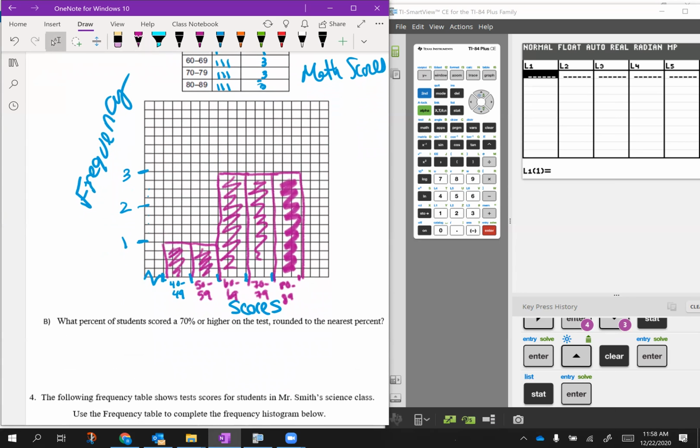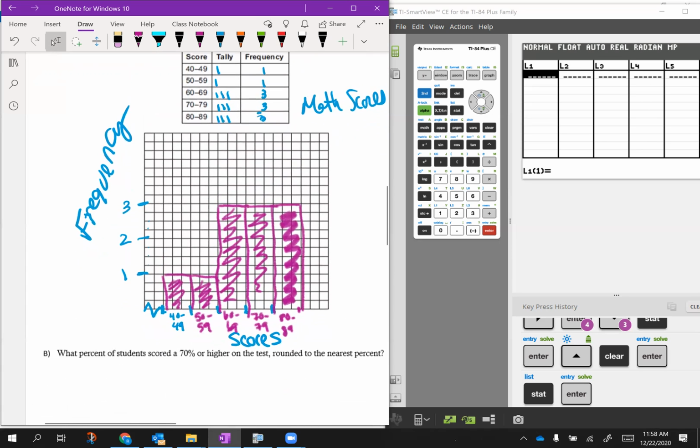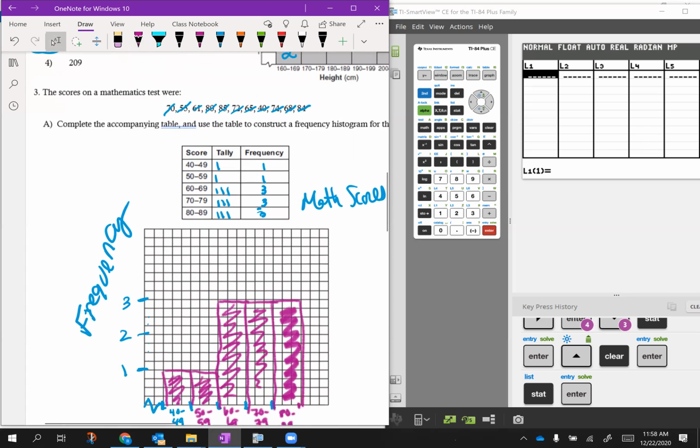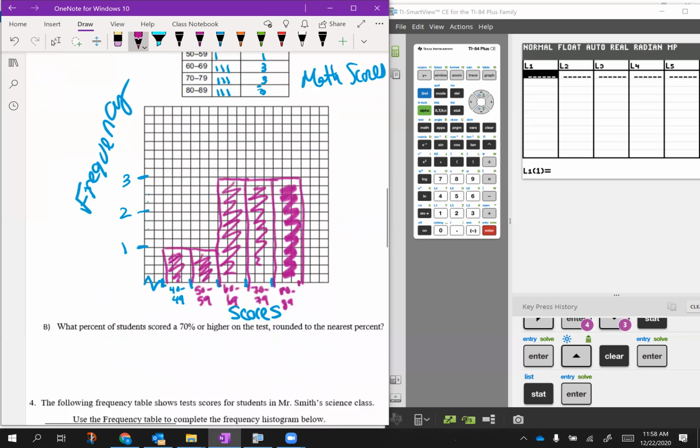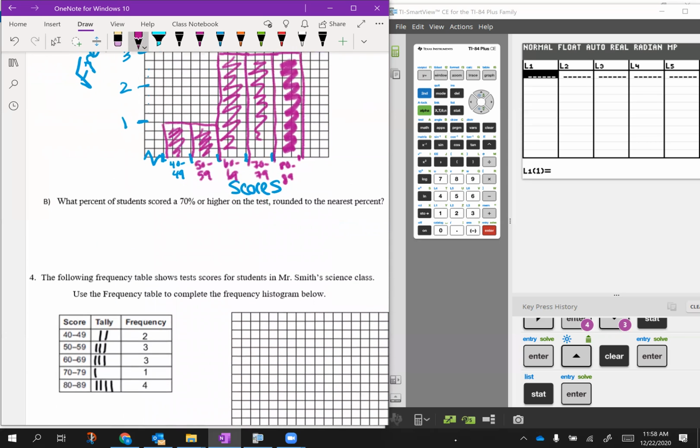What percent of students scored 70% or higher? Round your answer to the nearest percent. So how many scored 70 or higher? So 3, 6 out of how many? So we have 6 out of 11 equals percent over 100.